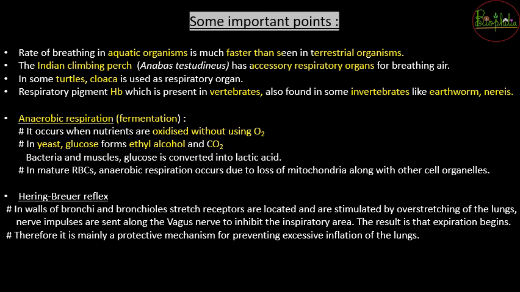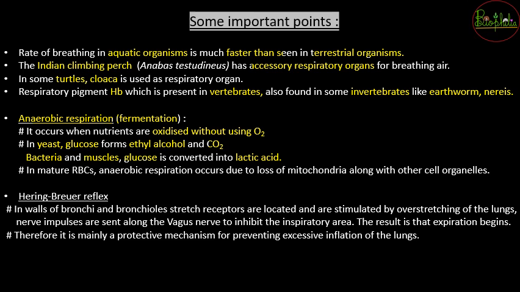Now the same process of anaerobic respiration can also be seen in bacteria. It can also be seen in your human muscles, and when it is undergoing fermentation or anaerobic respiration in muscles, the glucose is going to be converted into lactic acid, and this anaerobic respiration in muscles takes place when there is a shortage of oxygen supply.